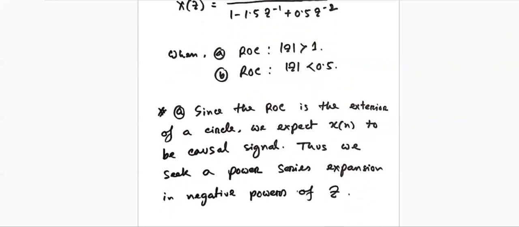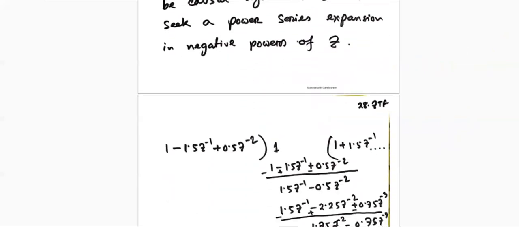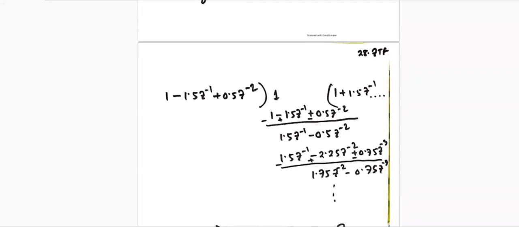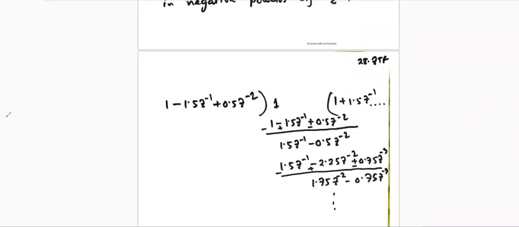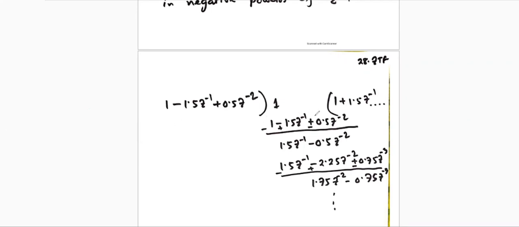So if we can move on, I have already written those things here. This is the example we have started. So what was our example? The example was given: X(z) equals 1 divided by 1 minus 1.5 z to the power minus 1 plus 0.5 z to the power minus 2. That was the value. So we can write in this way. We can divide, exactly, we are dividing. But our target is to make the power, what should be the power of this?